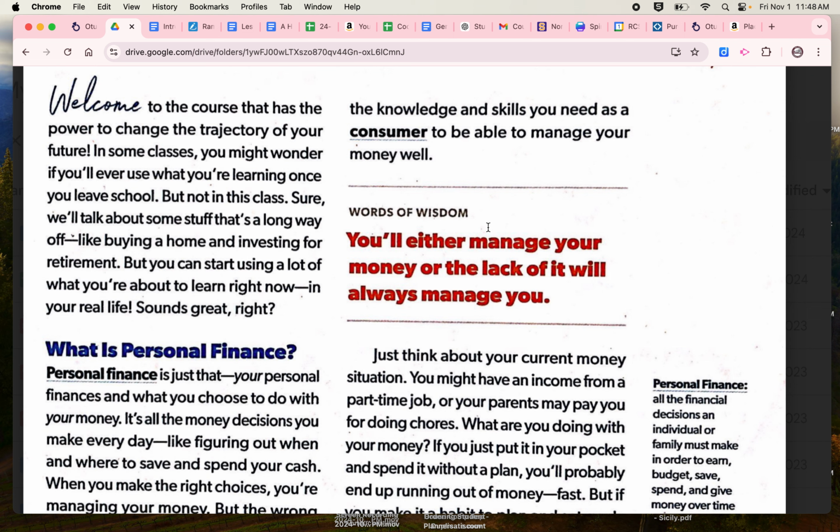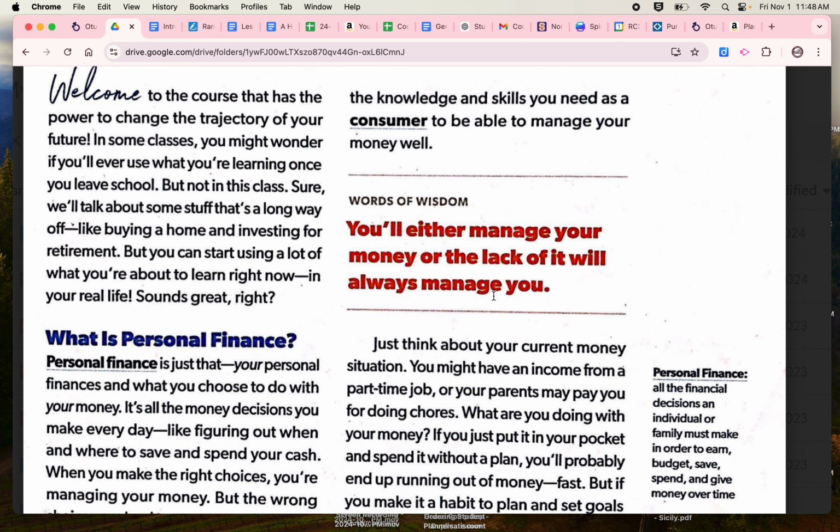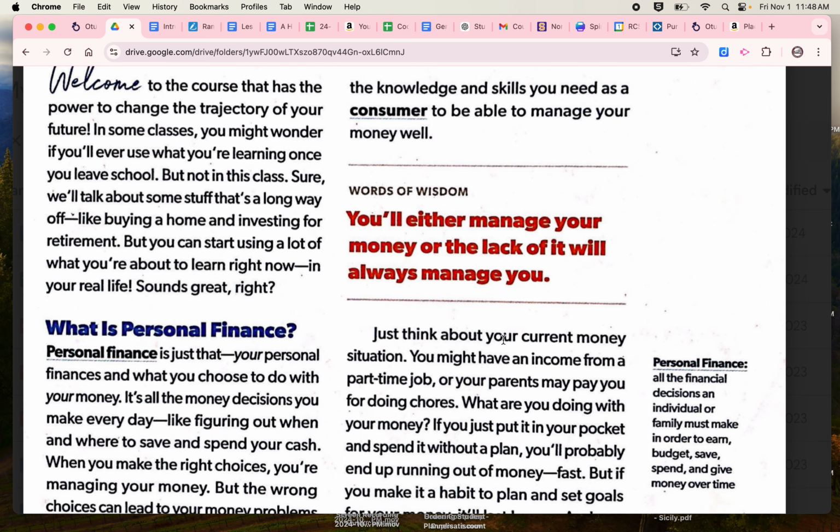But if you don't, your money could start managing you. Not having enough of it could put you in situations where you have to borrow money, and that road is hard to get out of. So that's the words of wisdom. Write that in your Journal of Gold.